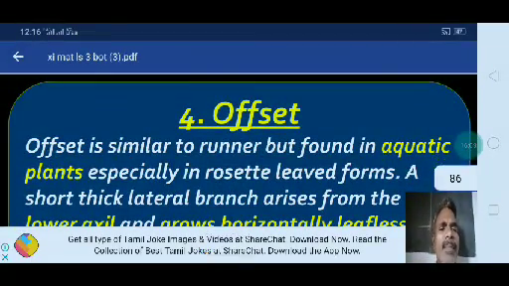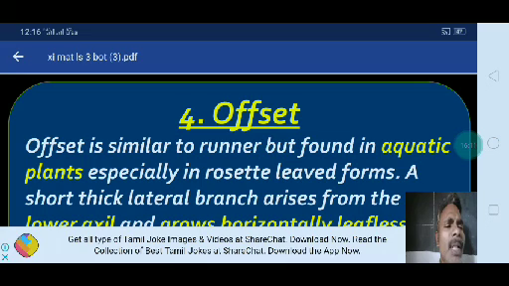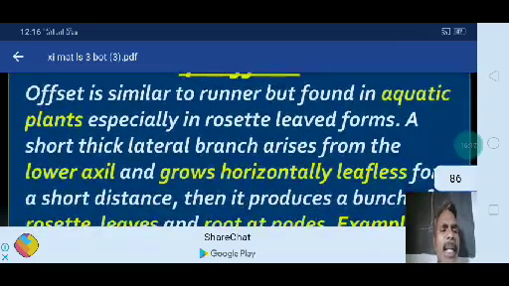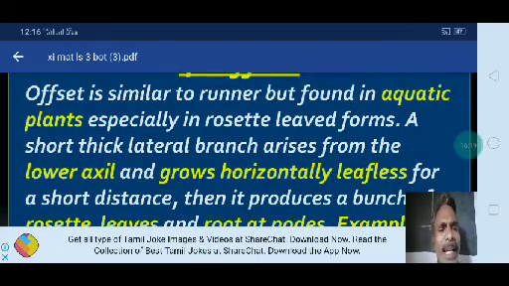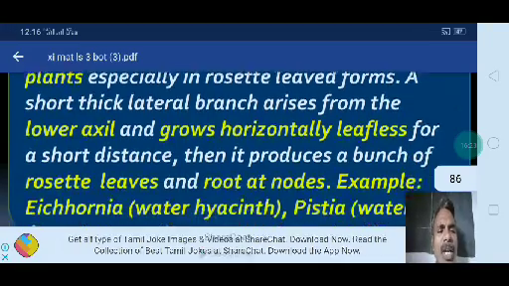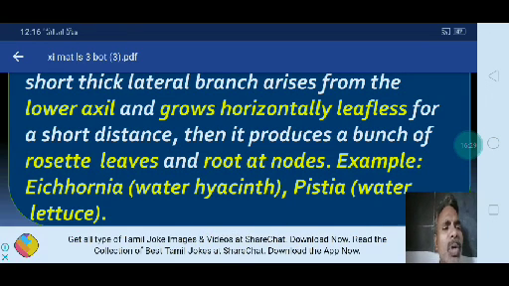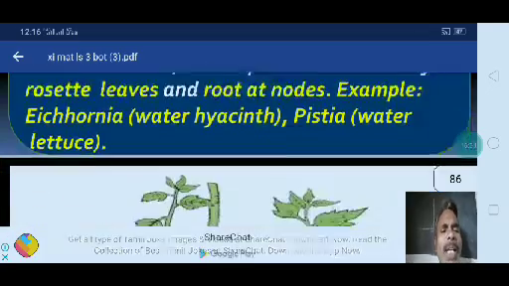Then offset. Offset is similar to runner but found in aquatic plants, especially in rosette-leaved forms. A short, thick lateral branch arises from the lower axils and grows horizontally for a short distance. Then it produces a bunch of rosette leaves and roots at the nodes. Example, Eichhornia, water hyacinth, Pistia, water lettuce.